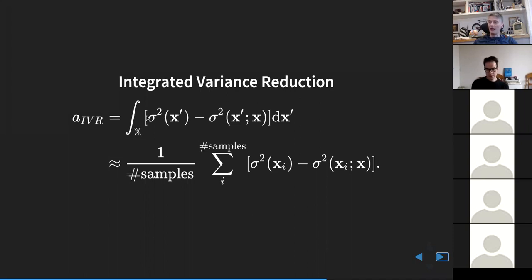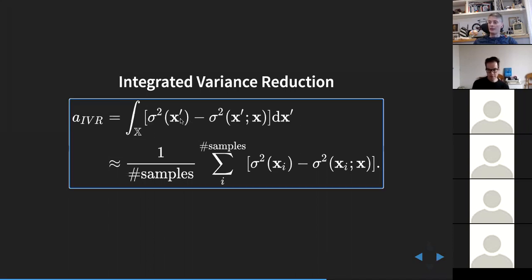So what you've got here is this sigma squared x prime term, which is the variance, and you can see this function is integrating across that variance. But what this function here represents is the updated variance given my new observation, right? So if I make a new observation, that's going to change the variance.